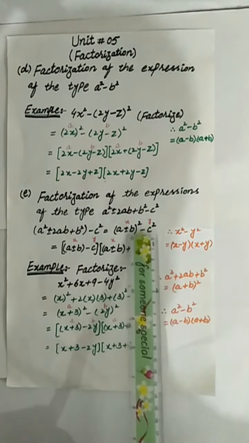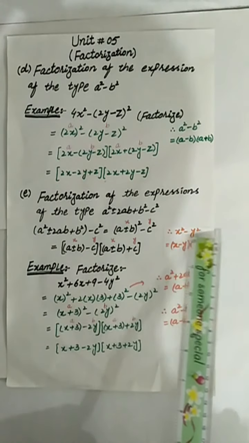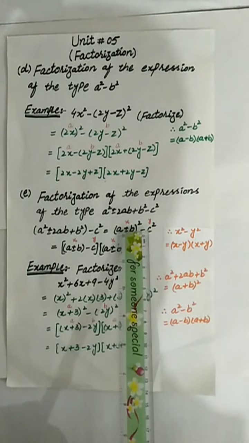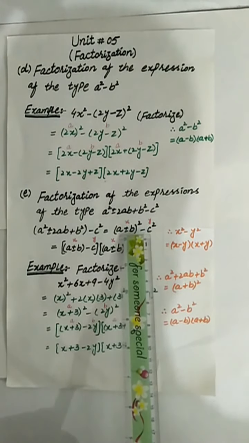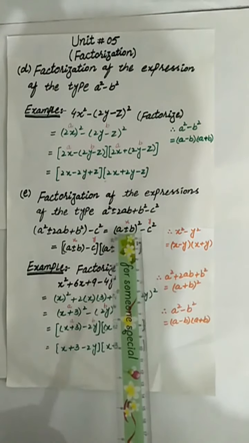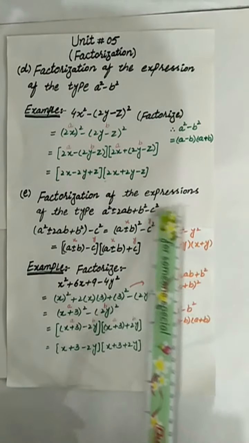Here we will use the formula of x square minus y square. We will use these variables x and y here because this question is already in the form of a and b.